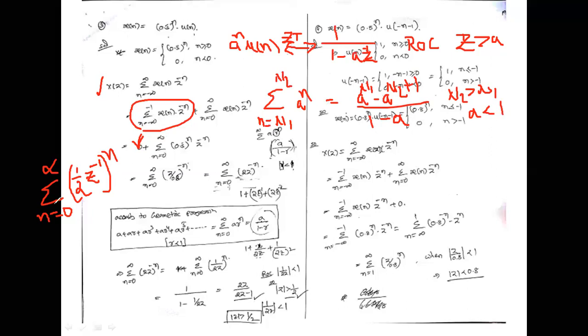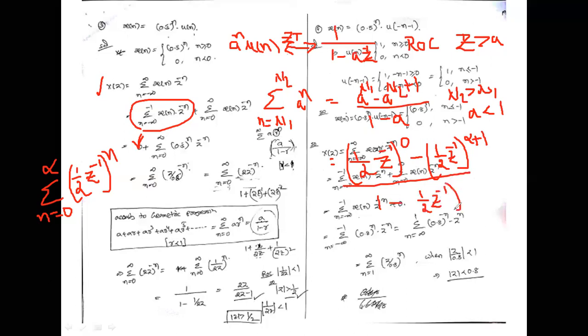Using this formula in this equation, instead of a we have 1 by 2 z inverse, n1 is 0, n2 is infinity. That is equal to 1 by 2 z inverse whole power 0 minus 1 by 2 z inverse whole power infinity plus 1, because n2 is infinity here, whole divided by 1 minus 1 by 2 z inverse.